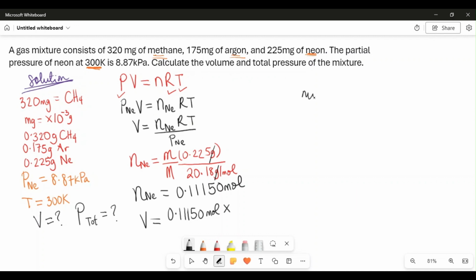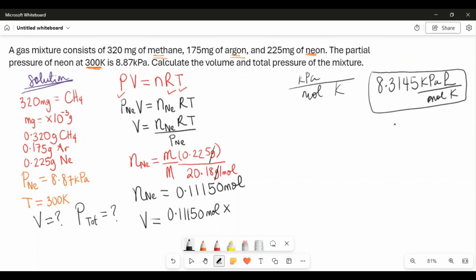We have mole units, Kelvin units, and the volume, which we've not determined yet, but we have our pressure in kilopascal. So what we're going to use is the gas constant 8.3145 kilopascal liter divided by mole Kelvin.